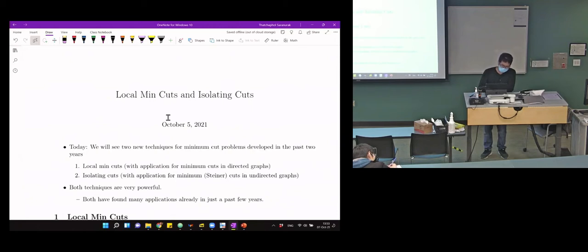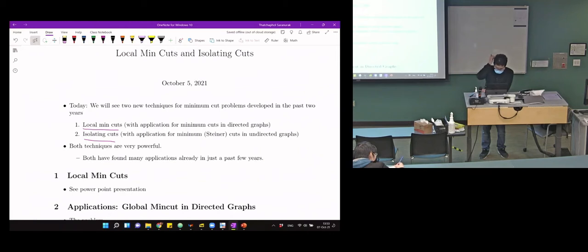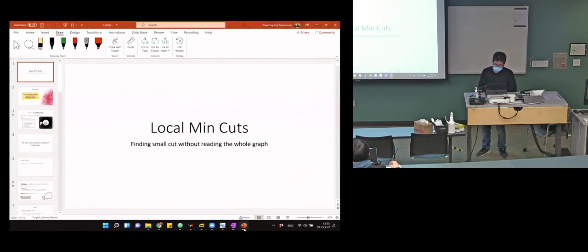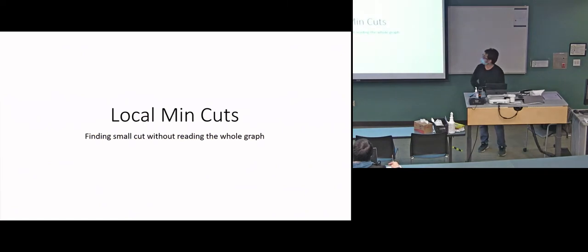One is called local min cut, and one is called isolating cut. Both of them are quite new, but powerful. So let me tell you first about local cut. This is not about expanders, but it's nice to see.